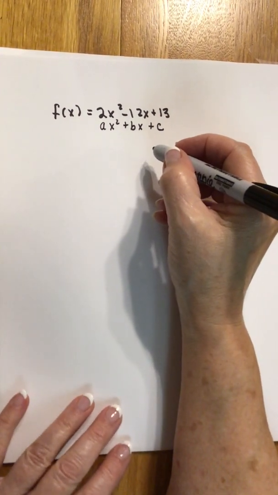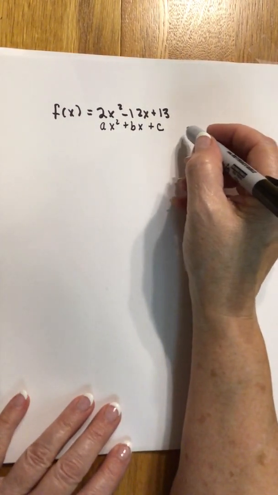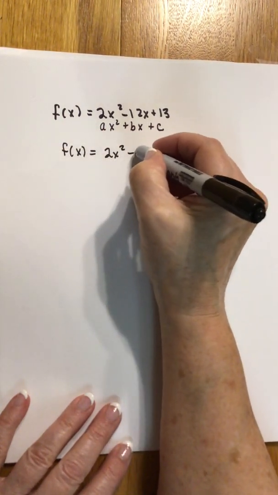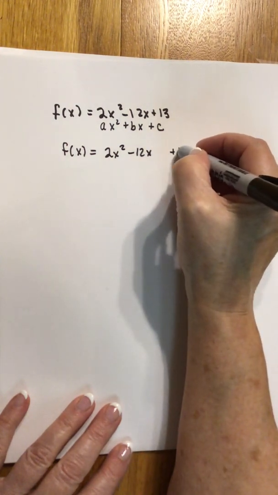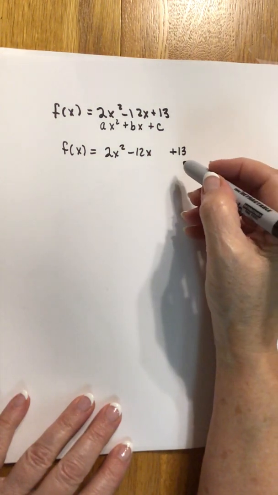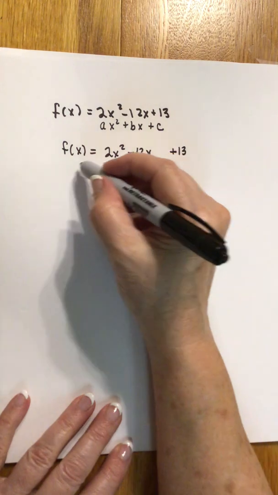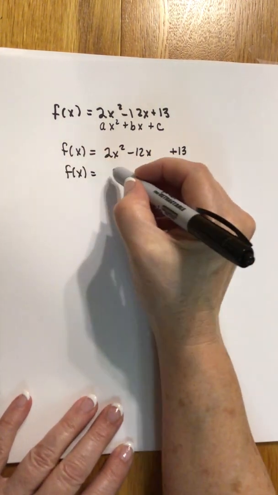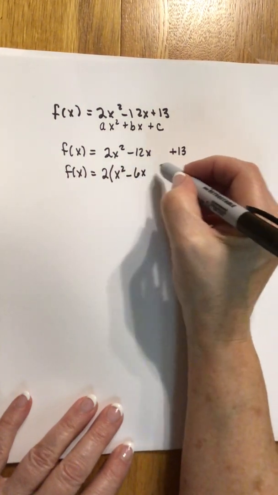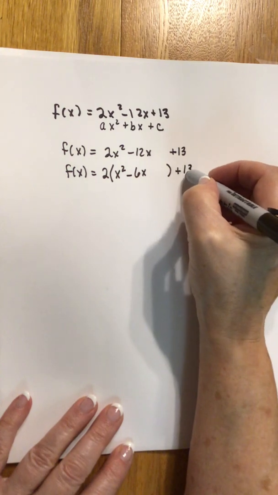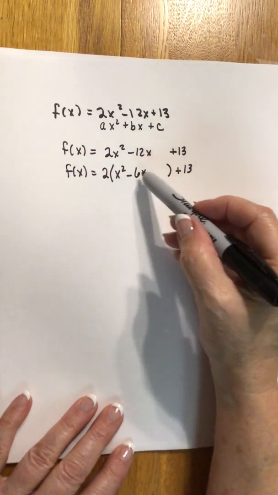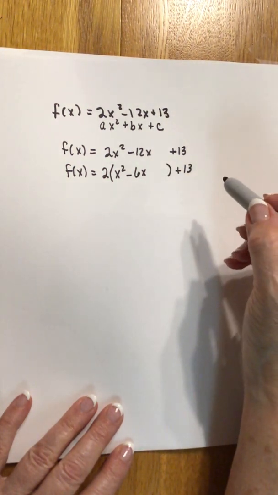So as we go down, the first thing we're going to do is move c to the right. So I get f of x equals 2x squared minus 12x, and then I'm going to put plus 13 over here. So the next thing I do is I take out the coefficient, so I get f of x equals 2 times x squared minus 6x. I still have my plus 13. Now notice there was an x in common too, but I wanted to factor out something we could use because we're trying to complete the square.